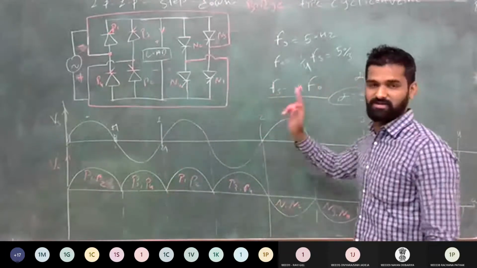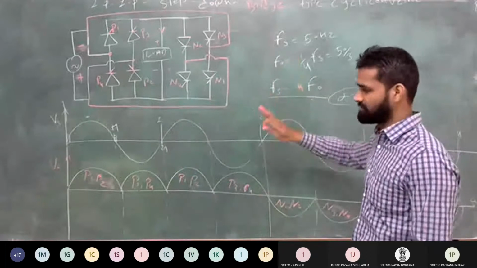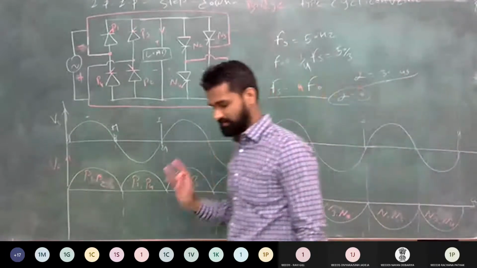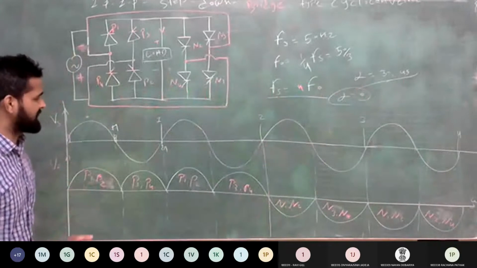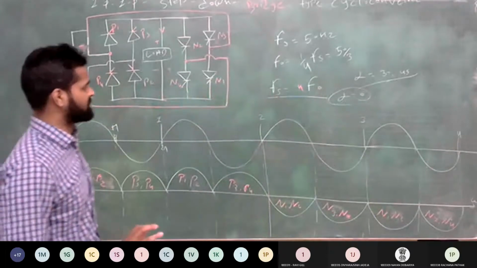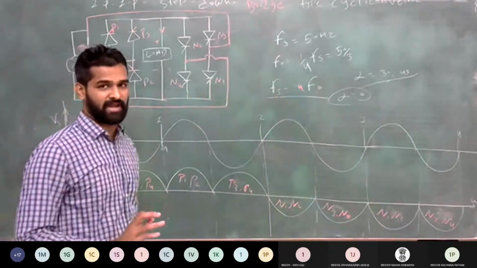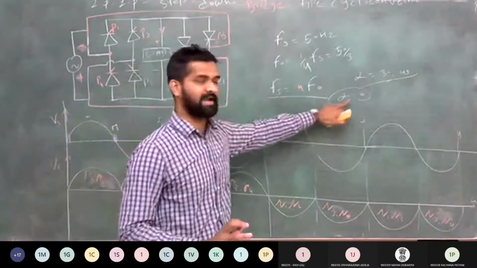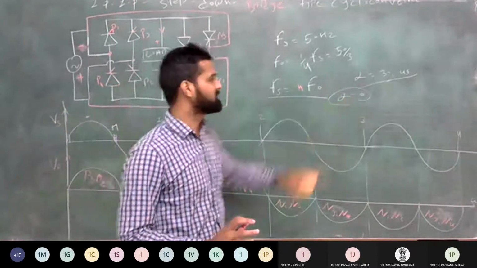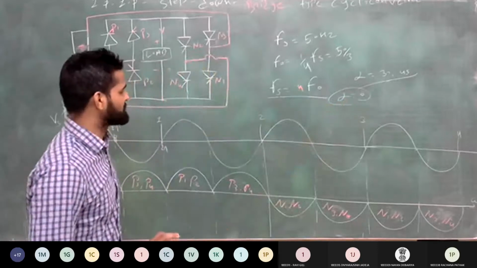In midpoint type, only one thyristor conducts at a time. In bridge type, two thyristors conduct at a time. So I hope all of you understand this concept of step down cycloconverter, bridge and midpoint type, for a simple resistive load and without any alpha.